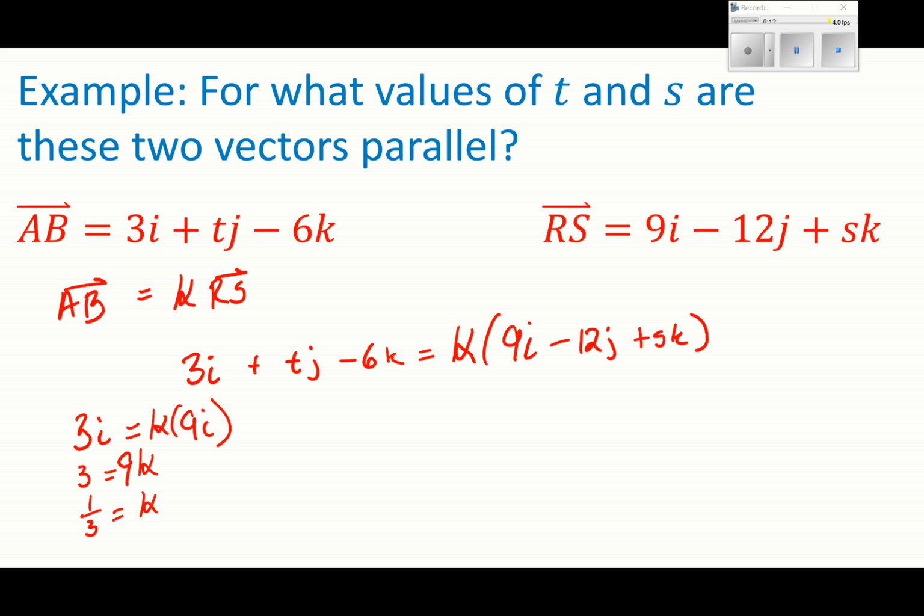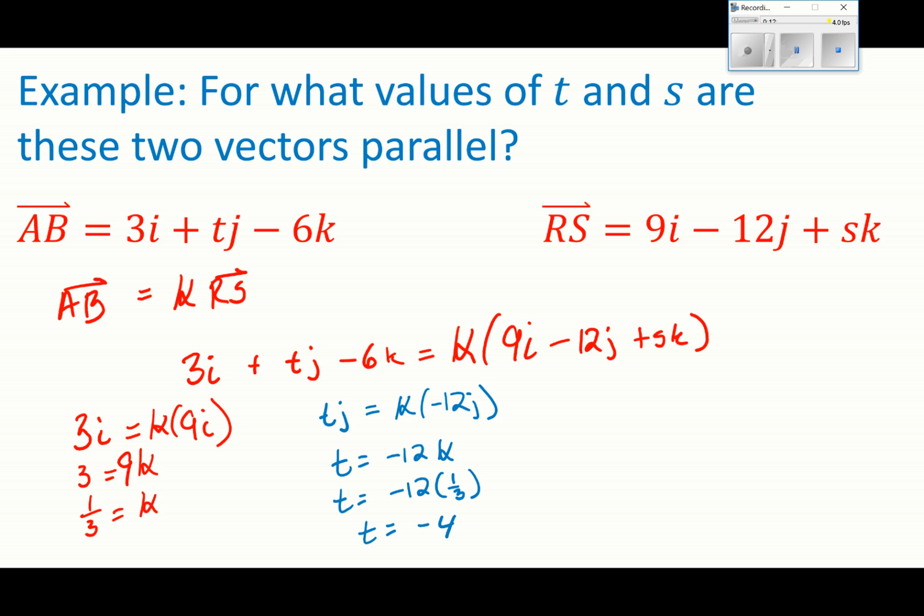So now that I know what my k value is, I can solve for some unknowns. If I wanted to figure out what t is, tj has to be equal to k times negative 12j. So t is equal to negative 12 times k, but we know that k is 1/3, so t is equal to negative 4.